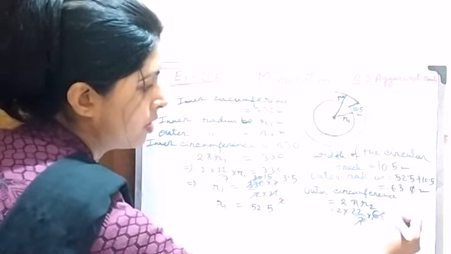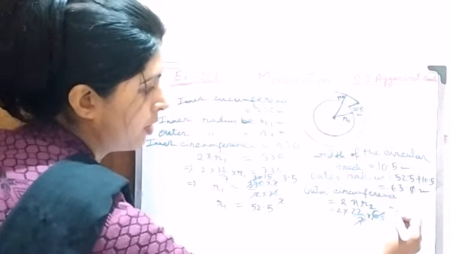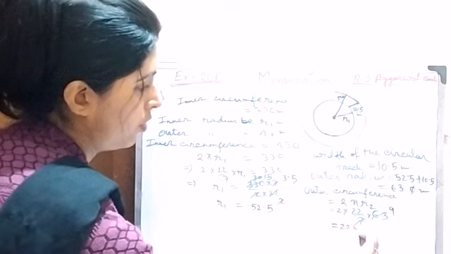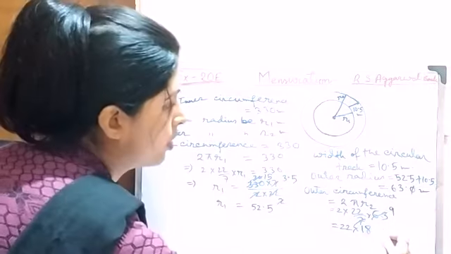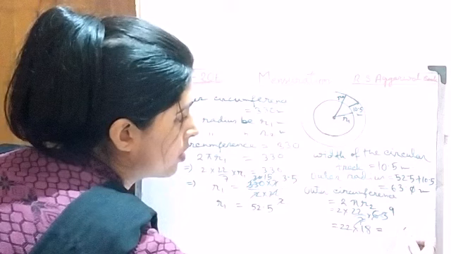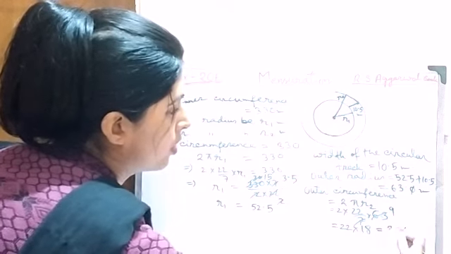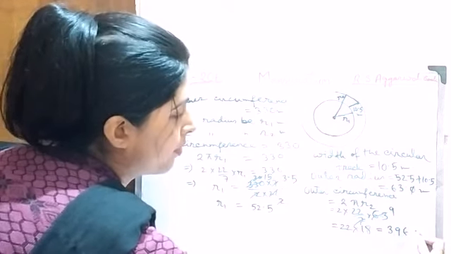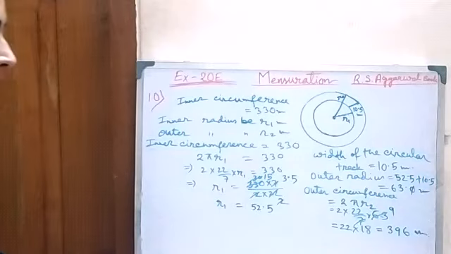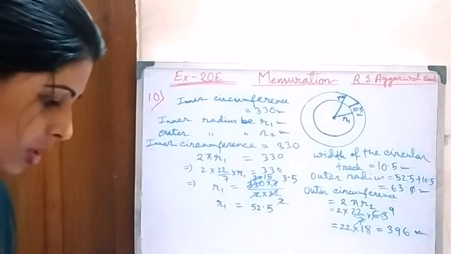7 9s are 63 and 22 into 18. This is 396, the outer circumference. Now what to find out? The cost.